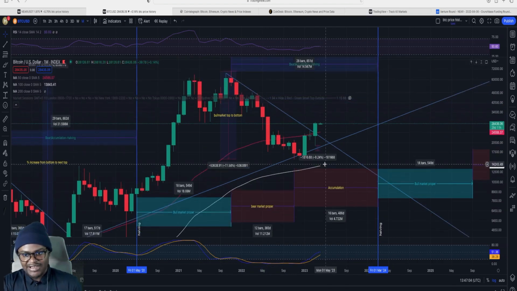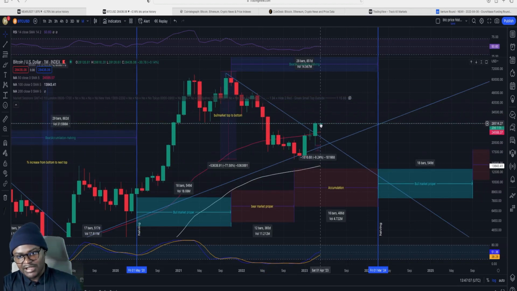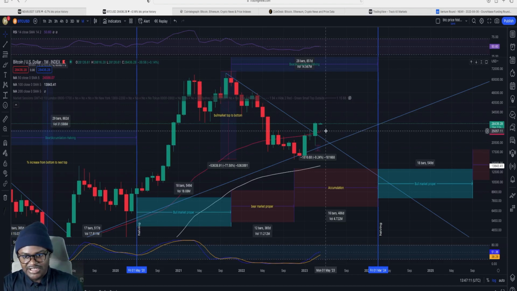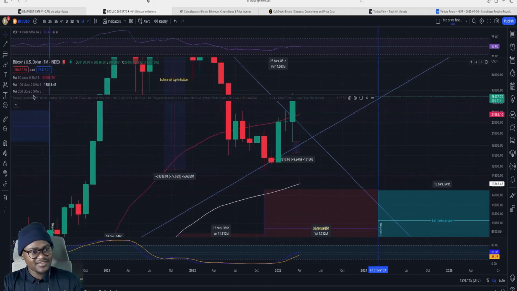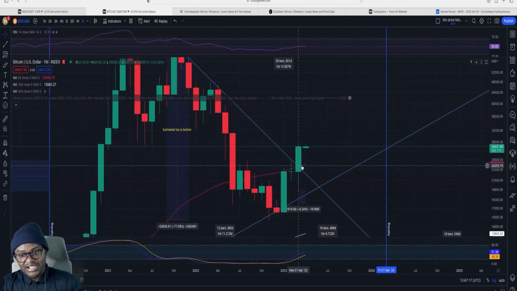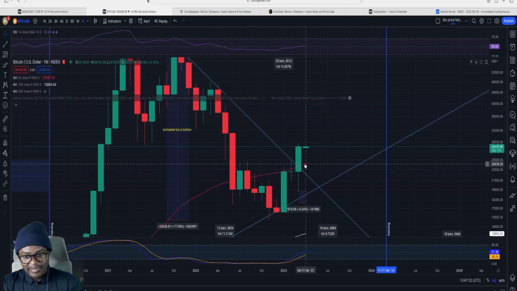I anticipate that there will be a move up in this April. We may have a retracement, as I was indicating in the other video, and if we have the retracement I was talking about to 25k, that retracement will also be this region at the 50-month MA, 50-month moving average.